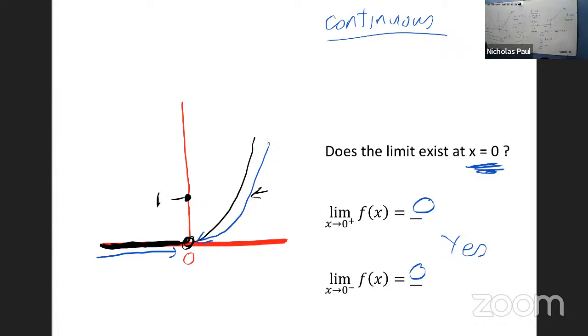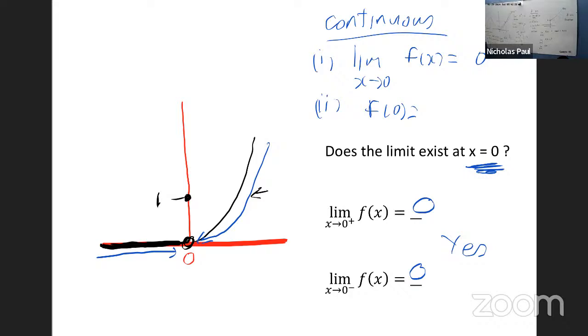Now, why? They're not equal, right? Very good, Amanda. So the first rule in continuity is, does the limit exist? The limit exists. When x approaches 0, the answer is 0. Second rule is what? F of 0. Look at your graph.